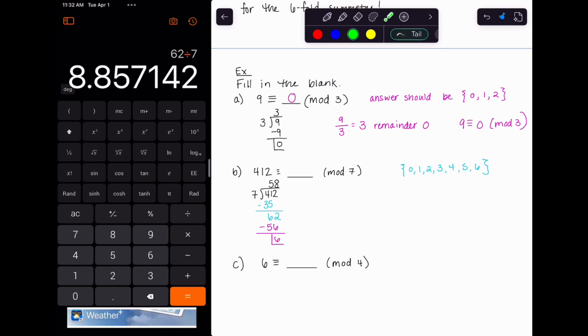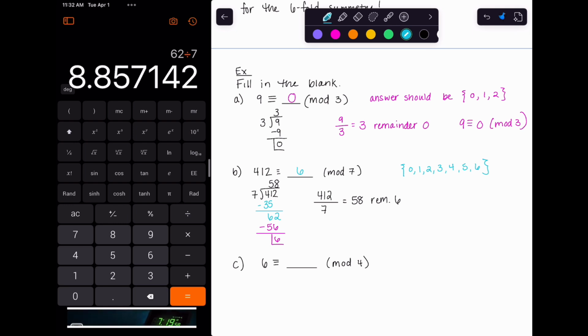So I stop here because my remainder is less than what I'm dividing by. If I take 412 and divide it by 7, it goes in 58 times, and I have a remainder of 6. So that tells me 412 is equivalent to 6 mod 7.